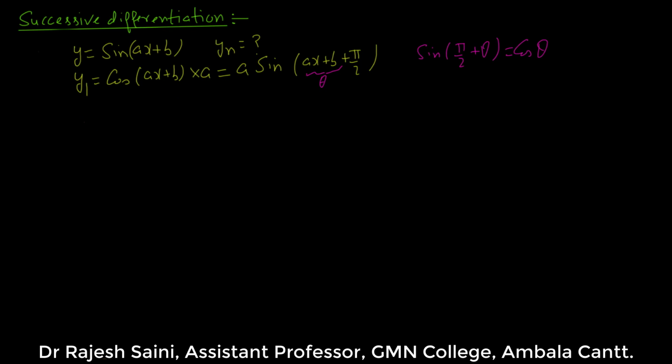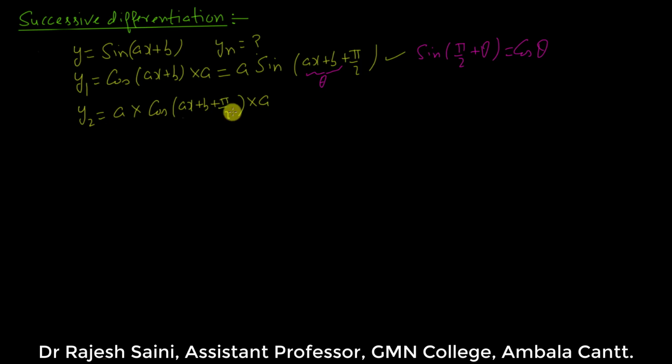Now we will differentiate again with respect to x. We differentiate this term because it has come into sine now. Differentiating both sides with respect to x, we get a as such, and the sine differentiation will be cos(ax plus b plus pi by 2) into a.